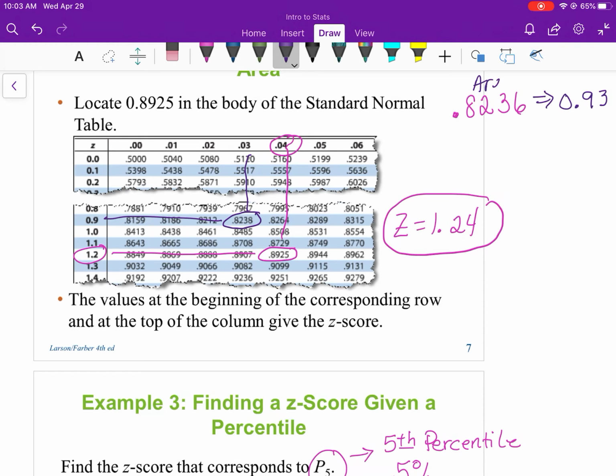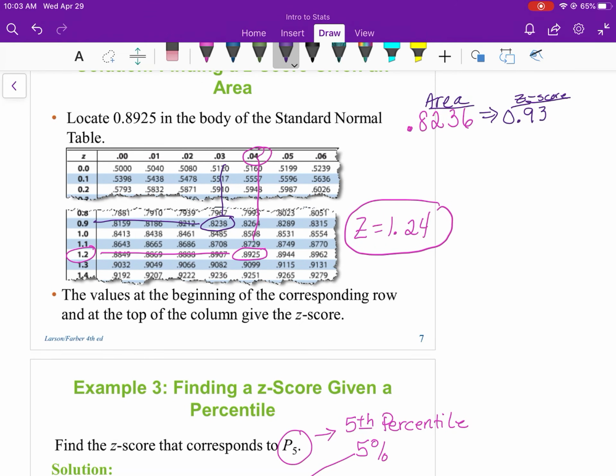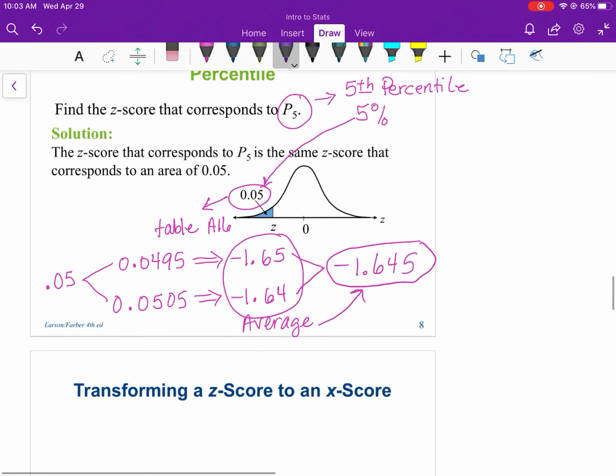So this was the area, this was your z-score. Again, if you find an area and it's not exactly what's in the table, you get as close as you can and use that z-score. The only exception would be, like what we had here, where the two areas were the same distance from the original area.